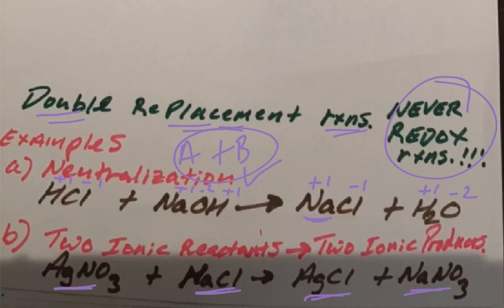Now, guys, anywhere in this reaction from the left side, the reactant side, to the product side, we notice none of the elements changing number. H is still +1 on both sides, Cl is still -1 on both sides, and O is -2 on both sides. So once again, neutralization reactions are a type of double replacement reaction.